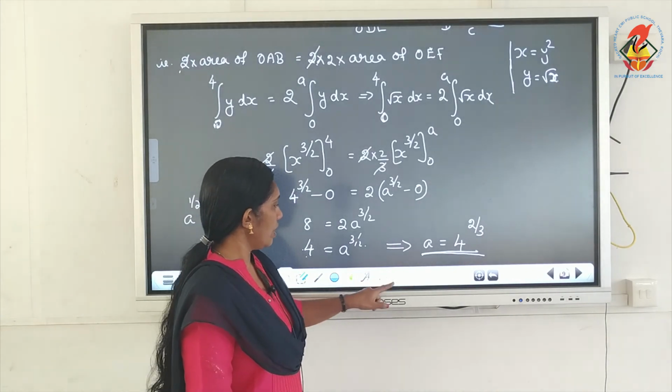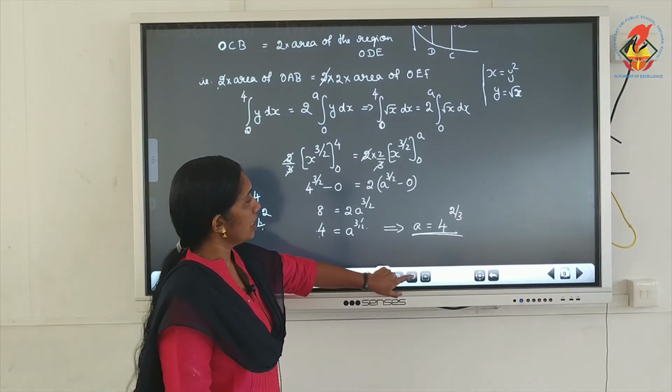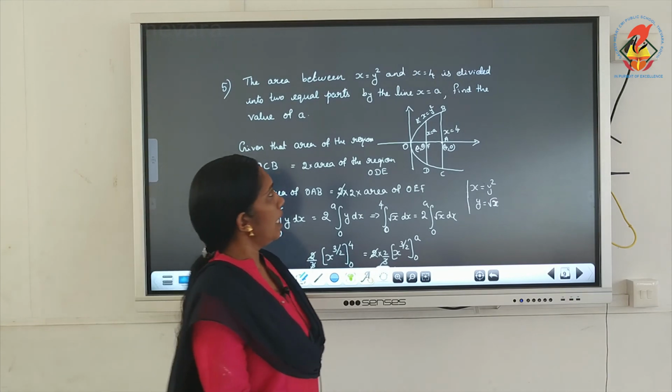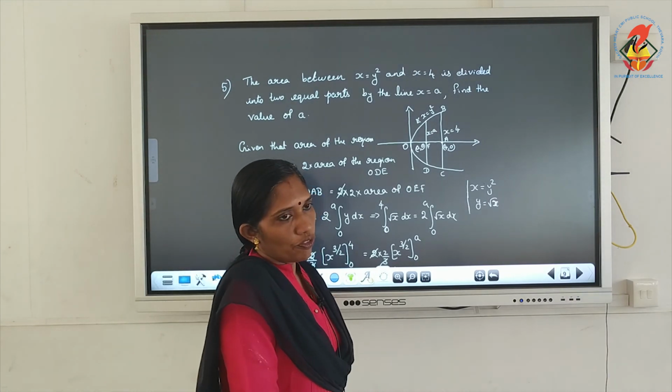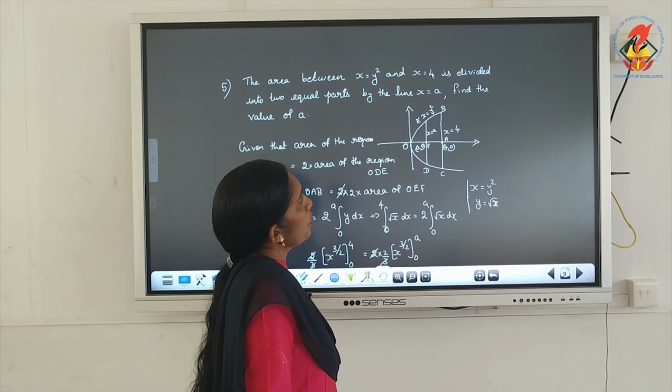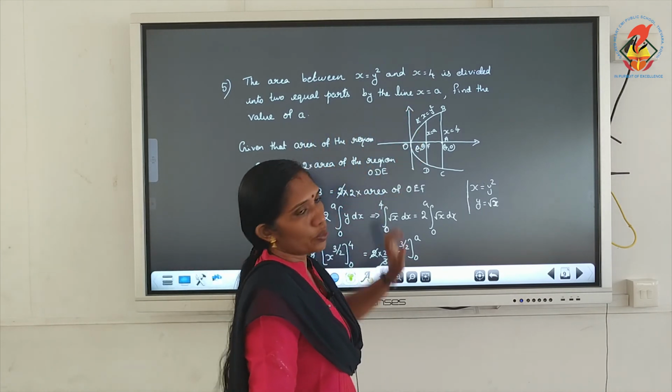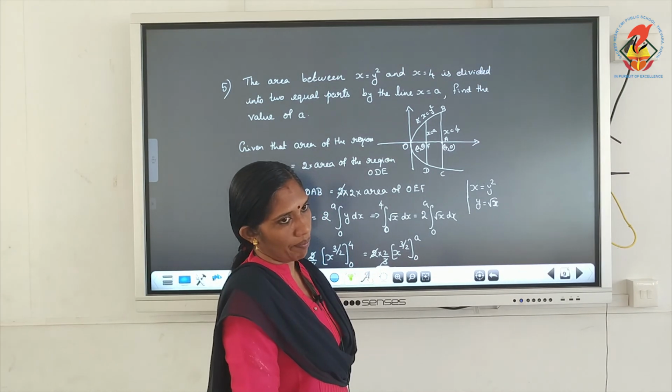Okay. So once again, parabola is given, y square equal to x. Then the line x is equal to 4. The area between these two is divided into 2 equal parts by another line x is equal to a. Then what is the value of a?